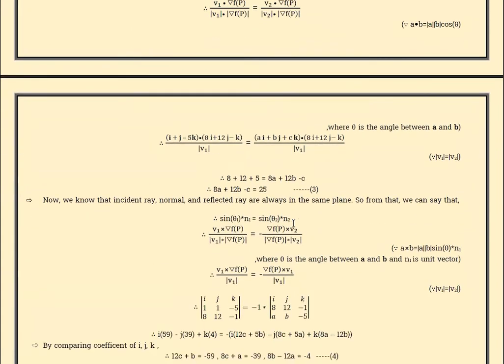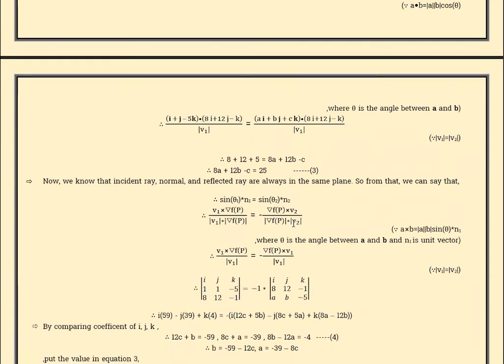Now we all know that when the particle is on the surface, the incident ray, normal, and reflected ray are always in the same plane. So the sine components of both are equal.